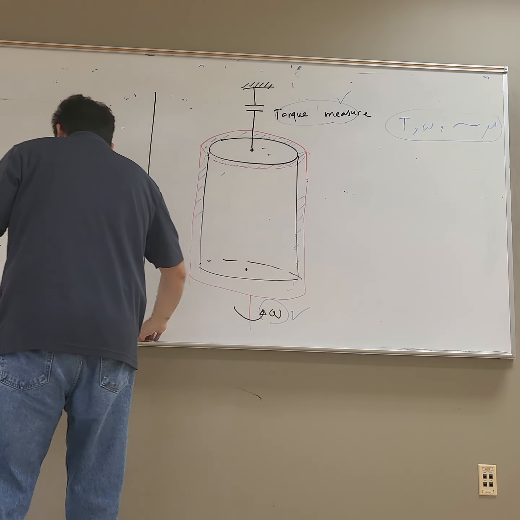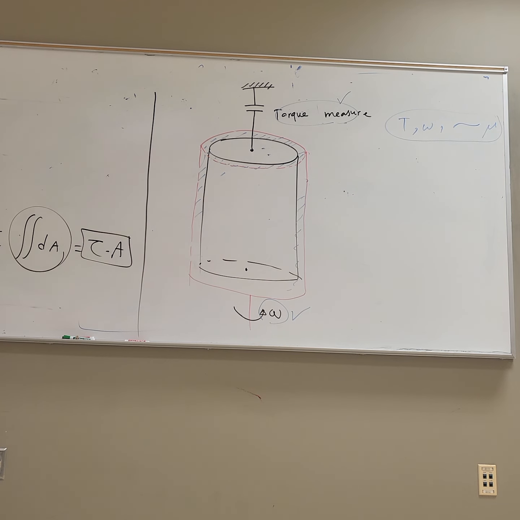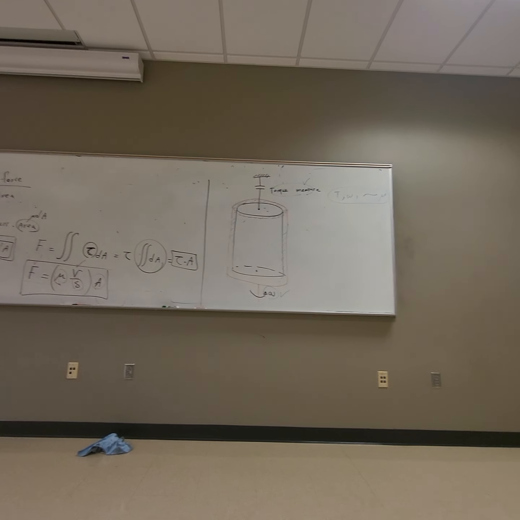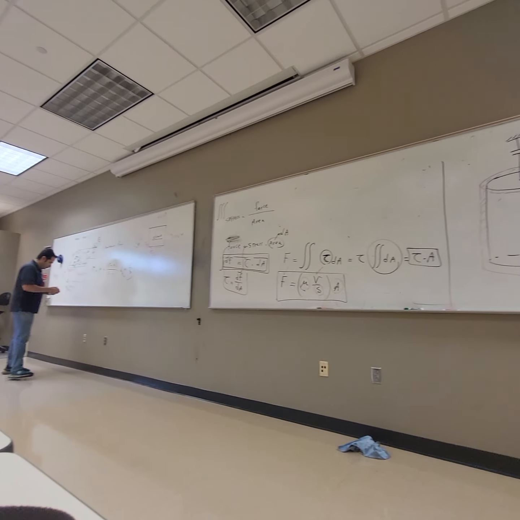Now, to find that relation, again, we can use this Newtonian assumption, right? We can use the same thing here. So all I need to do is to find the gradient of velocity if the distance between the two plates is small. So that's what I want to do right now.